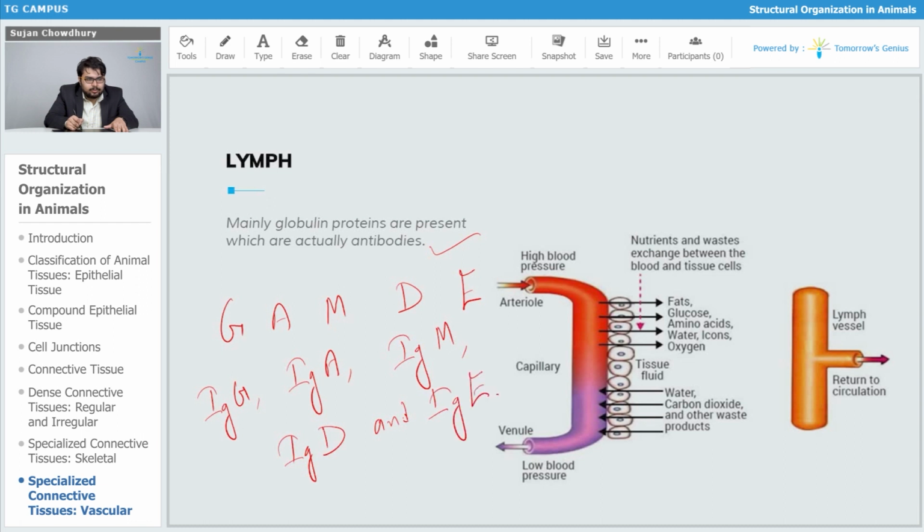These are the immunoglobulins, or in other words, these are only the antibodies which are important for destruction of germs which might have come in contact with our circulatory system. If they are not destroyed, they will multiply very rapidly and they can cause serious trouble in our healthy survival.